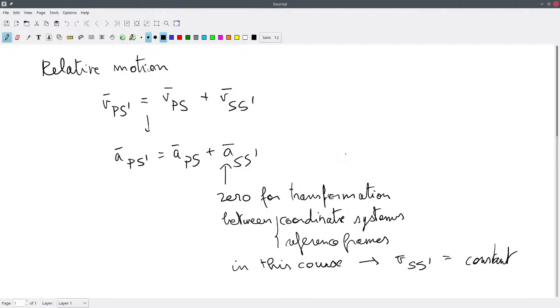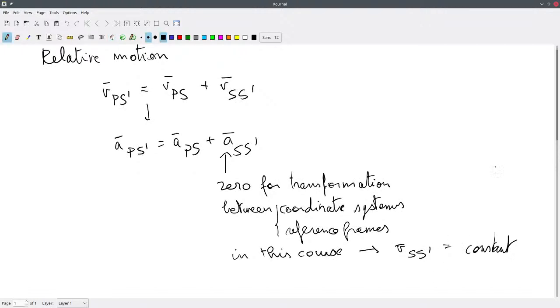But in any case, a_SS' will be equal to 0. There will be no acceleration. And it also means, of course, no rotation, because rotation, we now know from uniform circular motion, actually corresponds to an acceleration, a centripetal acceleration.